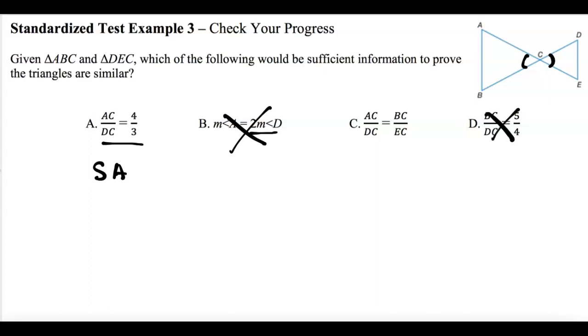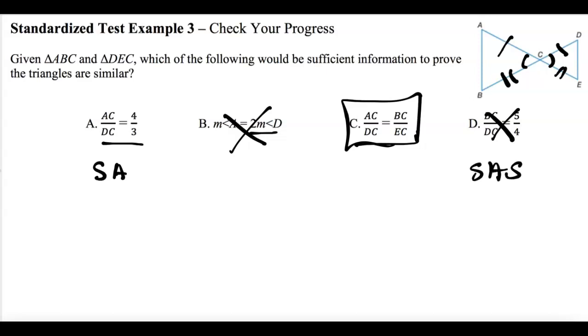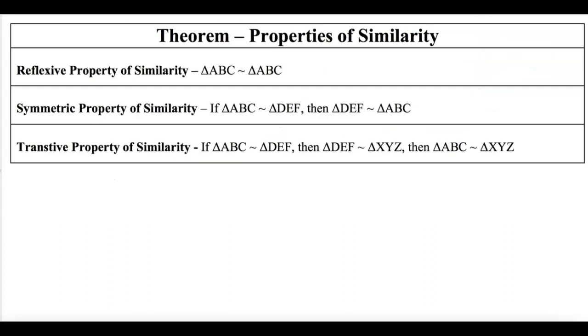This is similar to A. So the reason why we know that this one is going to work is because it is saying A is to C as D is to C, and B is to C as E is to C. So we have this side angle side relationship. So they are similar.